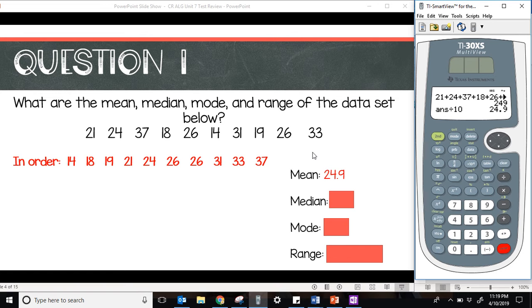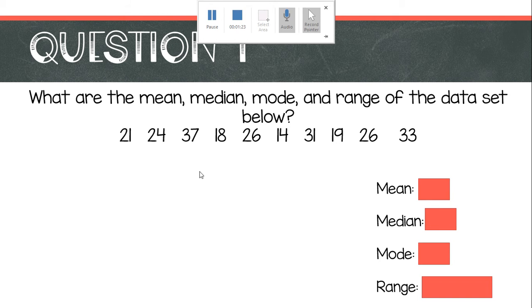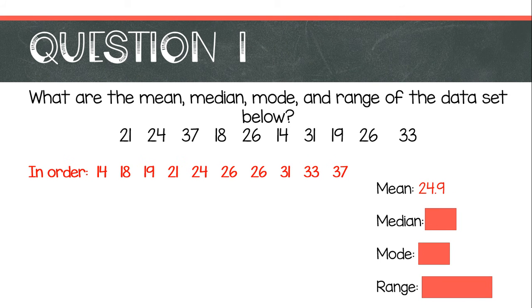Now to find the mode of something, you can see here I have things listed in order. So if I'm listing things in order, the way that I do that is I start with my original data set. Okay, so when I'm going in order, I like to kind of cross off my items.